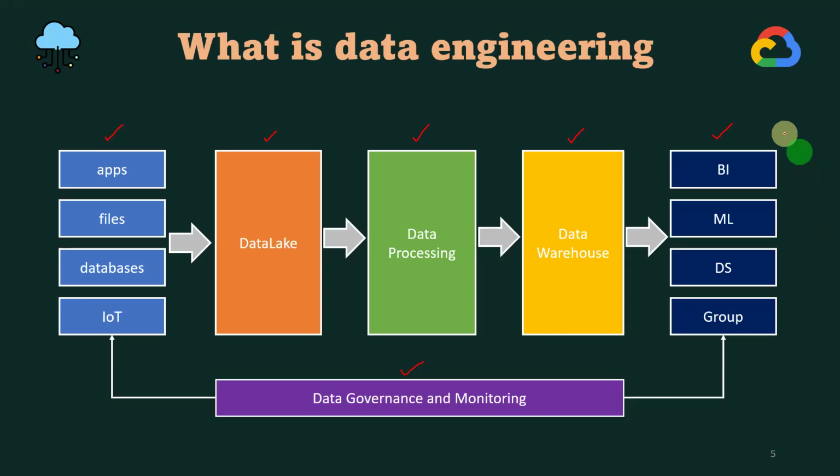These are your utilization users, who can use your data for their own requirements. For example, BI can create dashboards or reports, ML can create an ML model, and data science can find future trends.